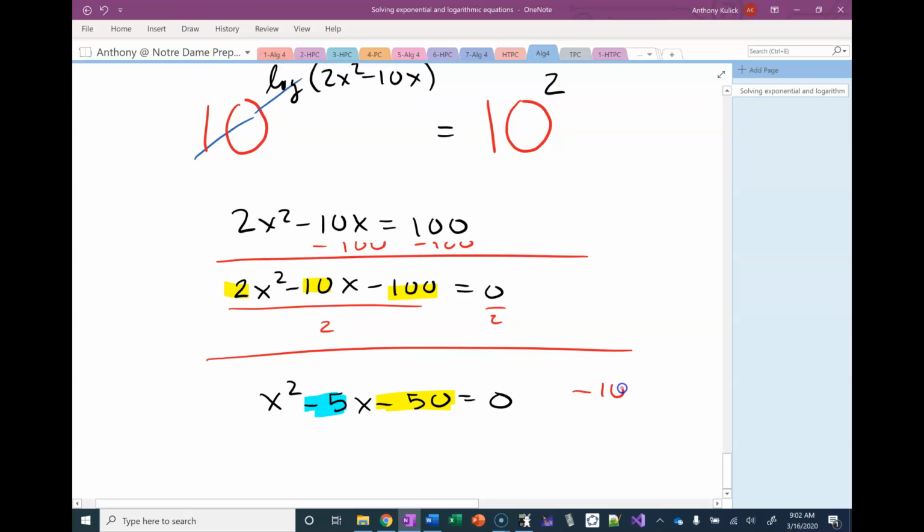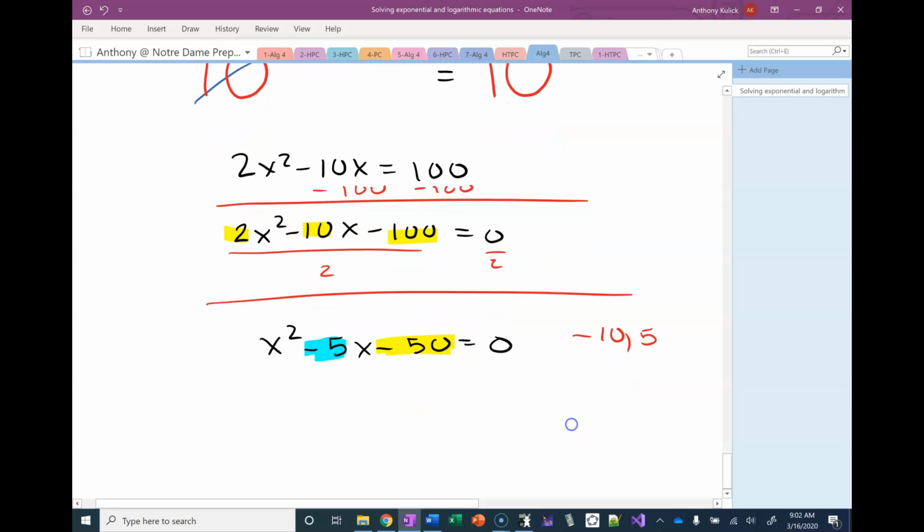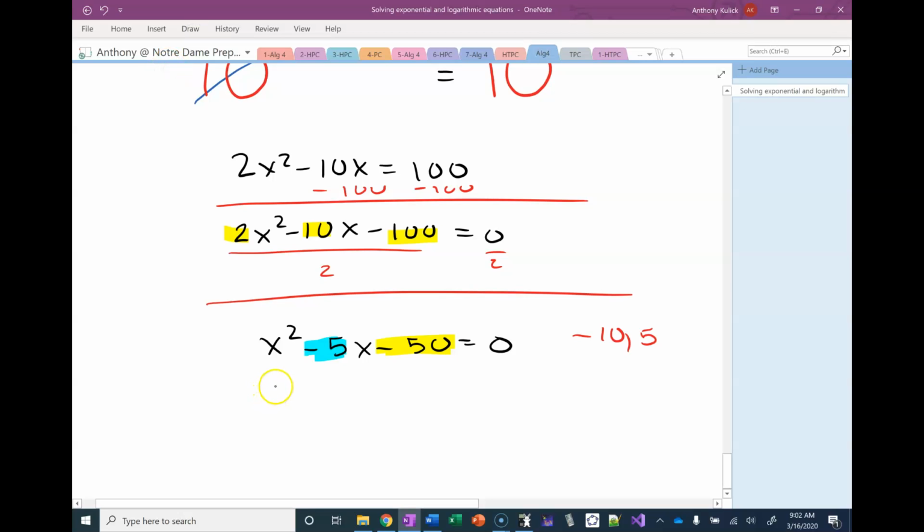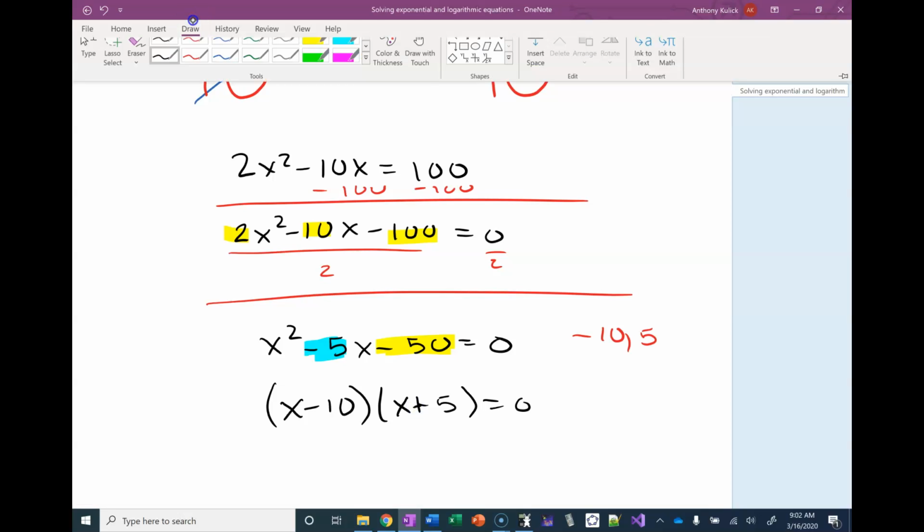They are -10 and +5. Those multiply to give me -50 and add to give me -5. Since the leading coefficient for that quadratic is 1, I can go straight to my factored form. X minus 10 times x plus 5 is equal to 0.